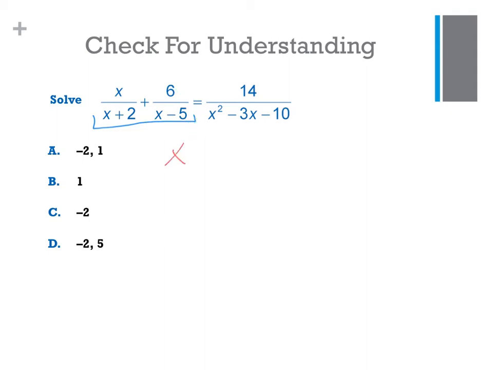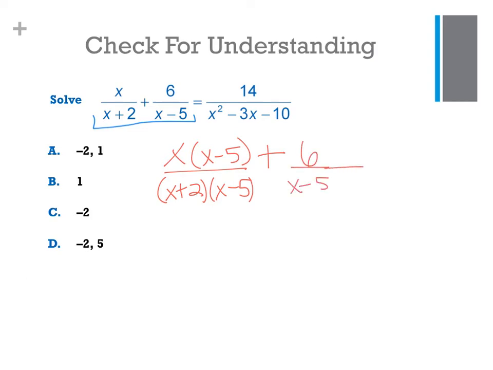So I'm going to get x times x minus 5 all over x plus 2 times x minus 5, plus 6 over x minus 5 times x plus 2 on top and bottom. Put parentheses here. And that is all equal to 14 over x squared minus 3x minus 10.